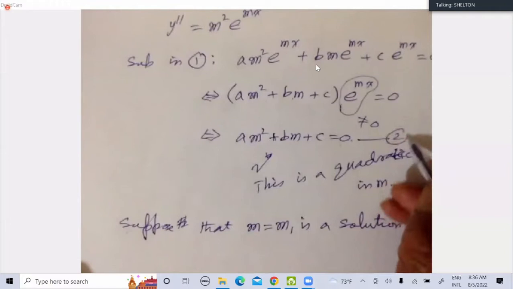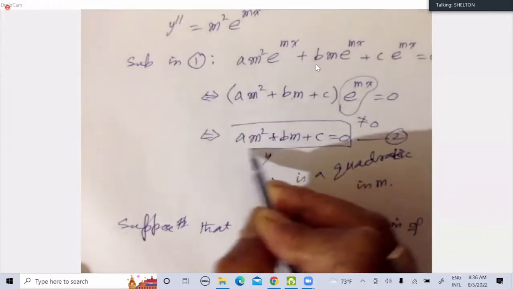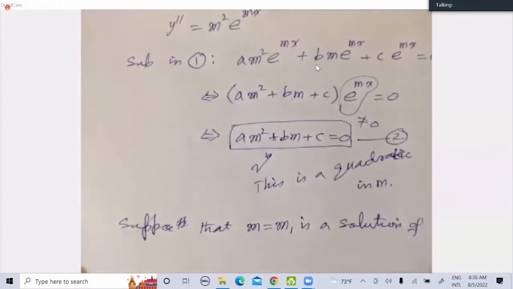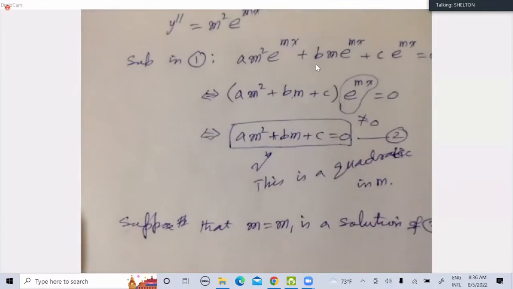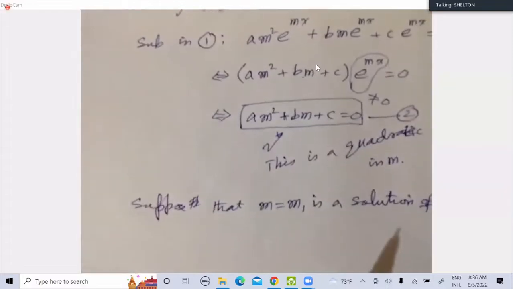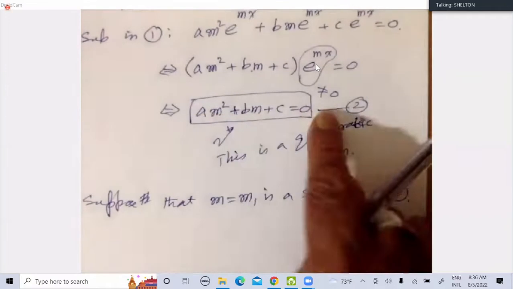Let us call that equation 2, which we called the auxiliary equation. The differential equation was labeled 1, and the auxiliary equation is 2. Suppose m equals m1 is a solution of this.